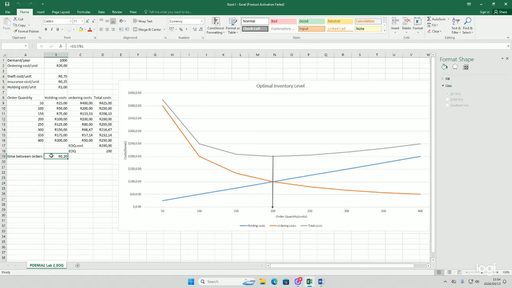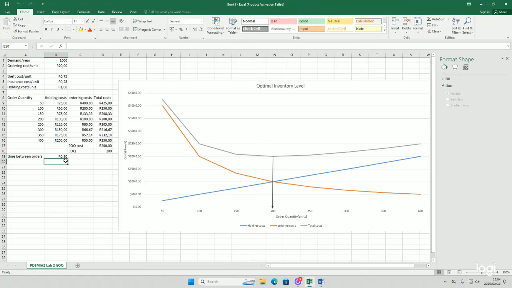Since I have this time between orders, I said EOQ divided by demand, but my demand was per year. So my time between orders has to be either per year or in months. The question will tell you either per year or in months, but my demand is per year.